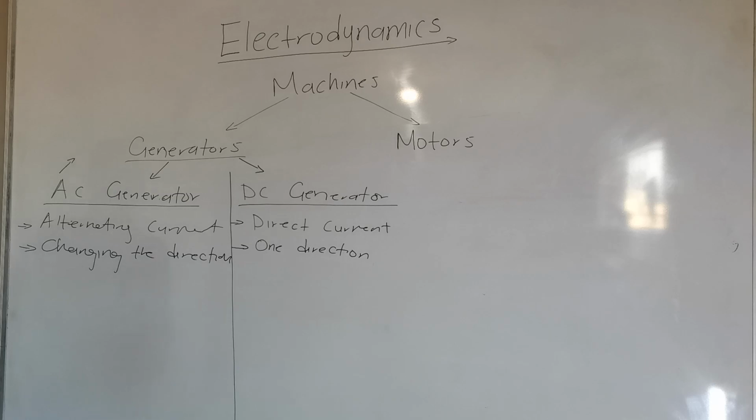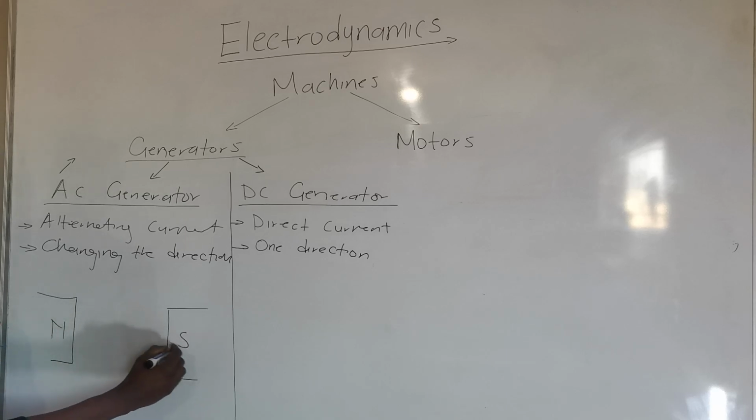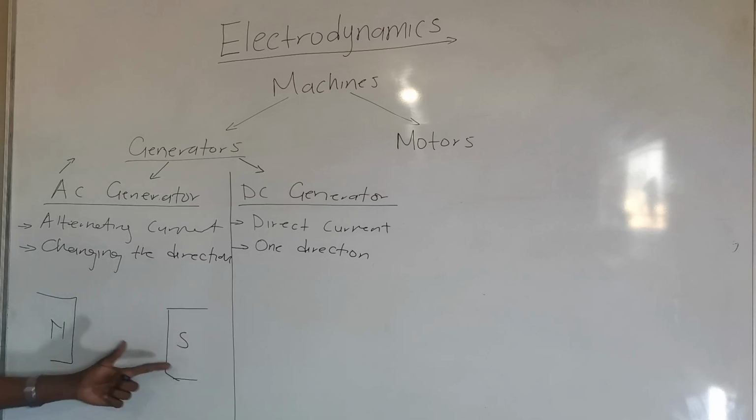Alright, now let me draw a simple diagram of a generator. The generator must include one side of the magnet being north and the other side being south. So this is the magnet. The magnet is going to give us the magnetic field, as I have already stipulated.